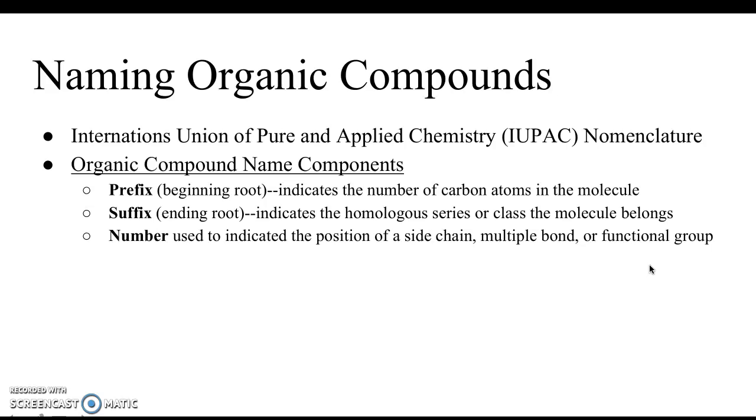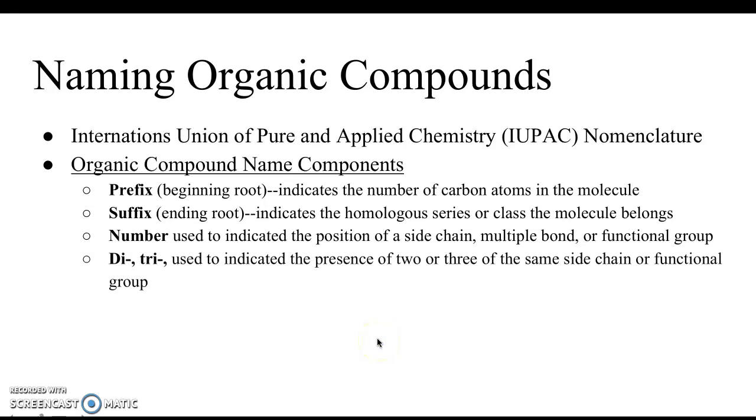There's going to sometimes be a number in front of the name. It's a little odd to see at first, but these compounds can start with a number, and this is going to indicate where the multiple bond, or what's called a functional group, is located. Functional groups are a fancy term for something like a chlorine or a hydroxide group that is added to one of these chains.